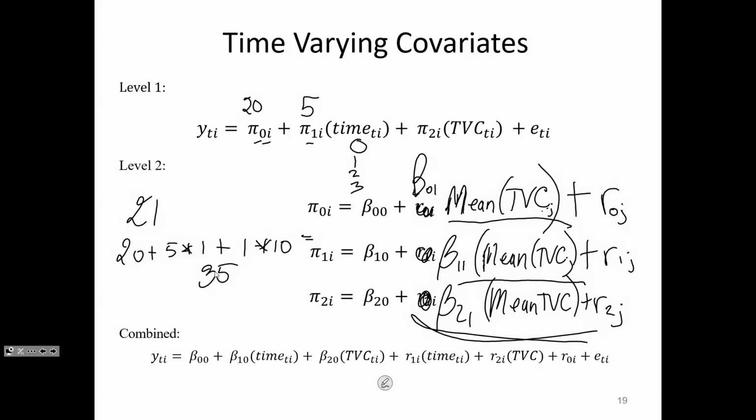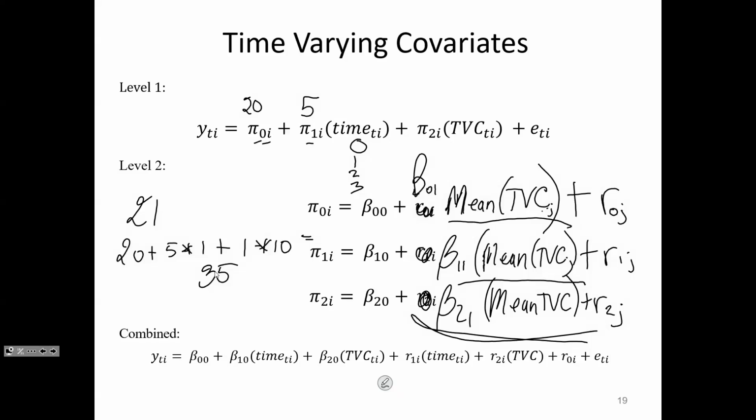So let's say reading growth is your outcome variable and vocabulary is your independent variable, and you're looking at how well vocabulary predicts your outcome. You've got it in there as a time varying covariate. But you might actually think that vocabulary also grows across time. Kids' vocabularies are getting better as time goes on, just the same way their reading skills are getting better.